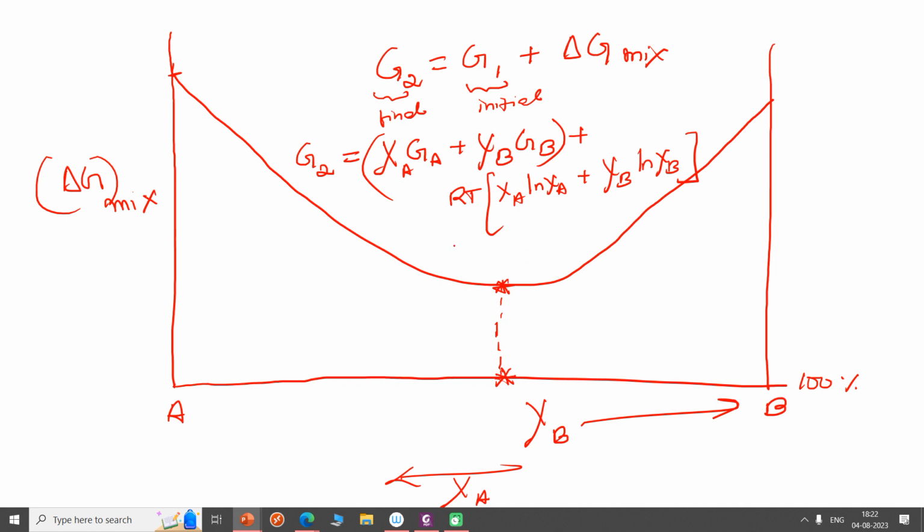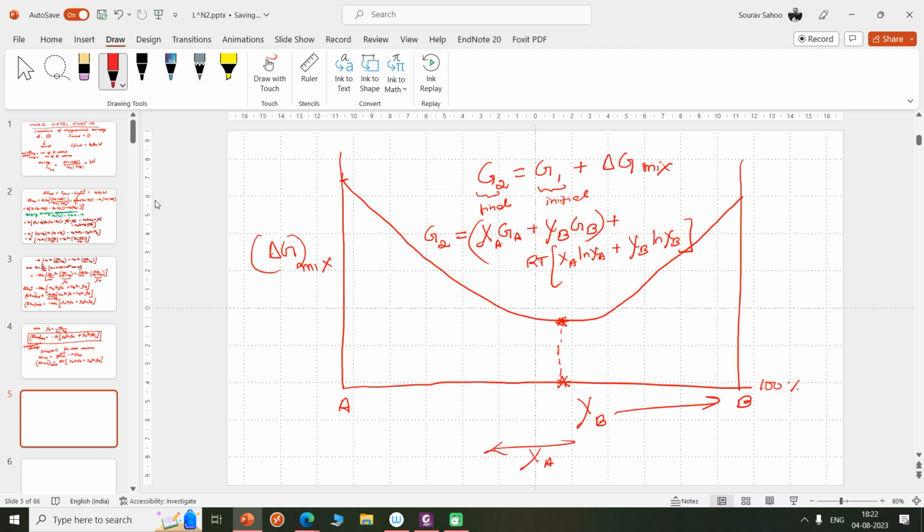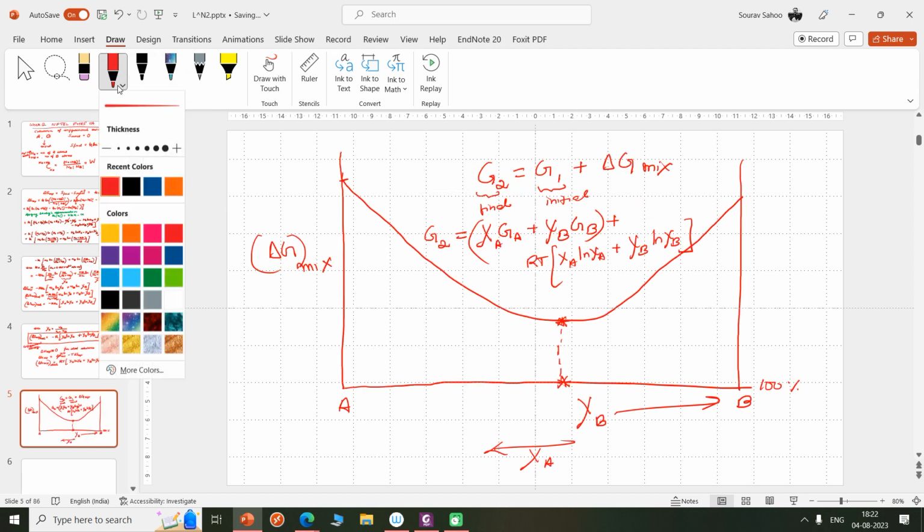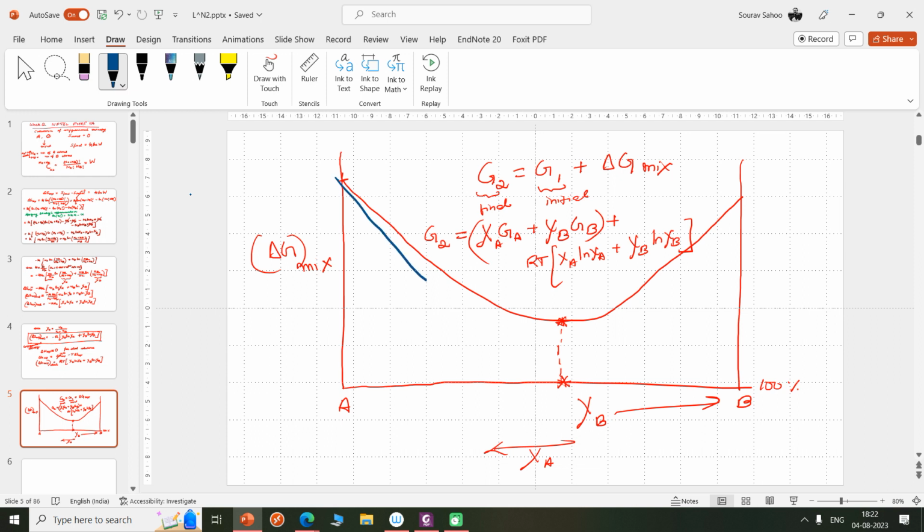Because of the sign convention being negative, we will see that G2 is actually lower, and that's the reason why delta G mix is negative, and this negative value is dependent on the temperature. If we take a system at a higher temperature, the delta G value changes.